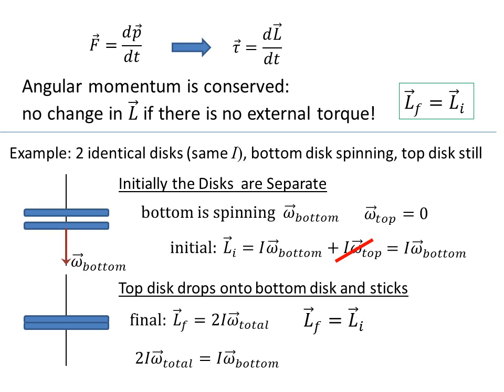So we can write down that 2I omega sub total is equal to I times omega sub bottom from up above, the initial value. Solving for omega sub total, we have that omega sub total is equal to half of omega sub bottom. And it's in the same direction as the original omega sub bottom and half the length. So that's the solution.